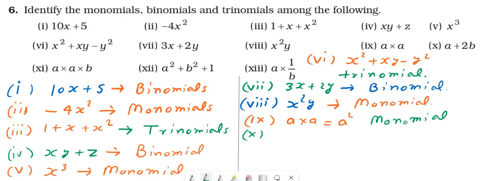Now beta, the 10th part. The 10th part is a plus 2b. Beta, very good. It contains only two terms, so it is called a binomial.